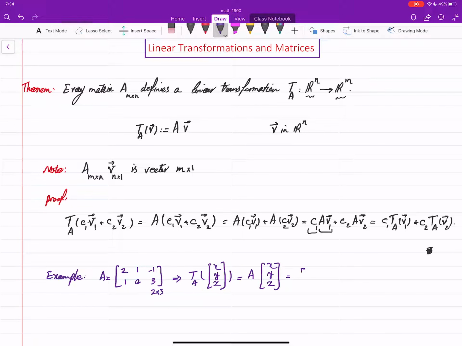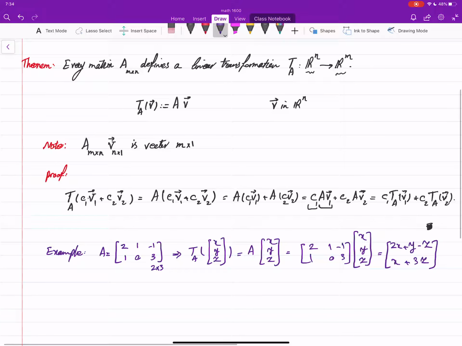We can do this matrix multiplication: you multiply it by x, y, z, and what we get is 2x plus y minus z, and x plus 0 plus 3z. So TA in this case is sending x, y, z to a vector with two components, 2x plus y minus z and x plus 3z.